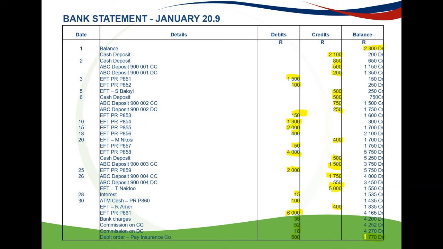So we know that the 4,770 is my balance according to my bank statement. So it's an unfavorable balance on my bank statement. I know when it's unfavorable on my bank statement, it will have a debit balance.